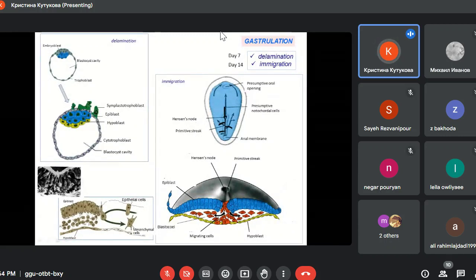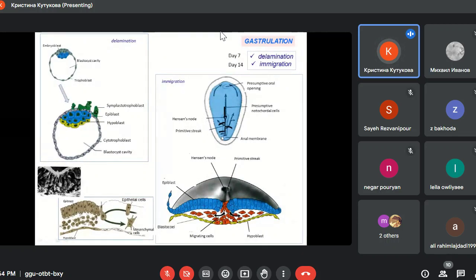These cells, which go laterally, will make the inner layer, mesoderm, and those that are inserted inside the hypoblast layer will make the endoderm of the embryo. And all other cells that stay in the epiblast and do not go downwards will make the ectoderm, the outer layer.